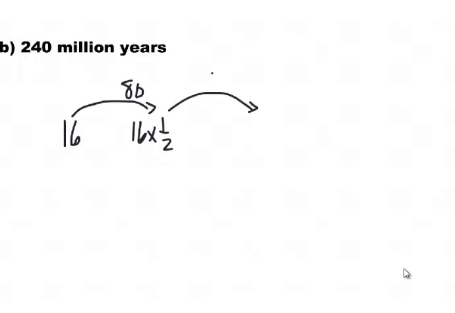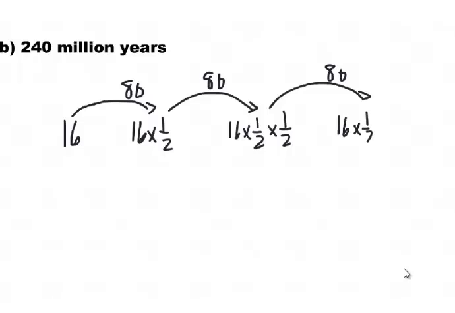Another 80 million, another half is gone. So it's 16 times 1 over 2 times 1 over 2. Another 80 million is going to be 16 times 1 over 2 times 1 over 2 times 1 over 2.